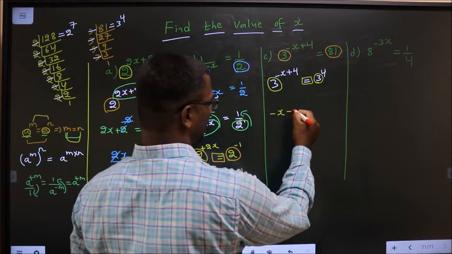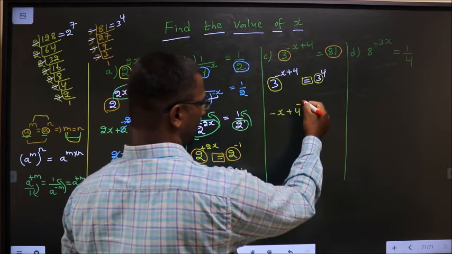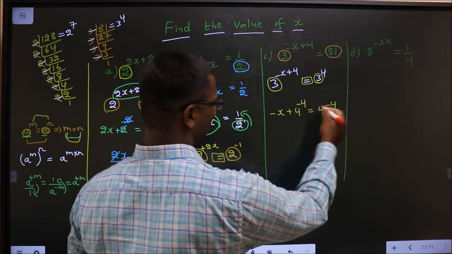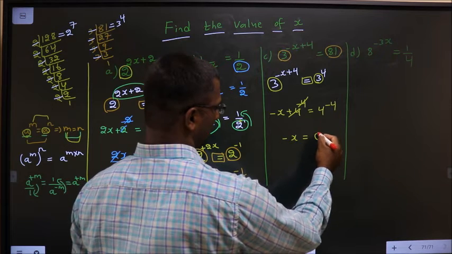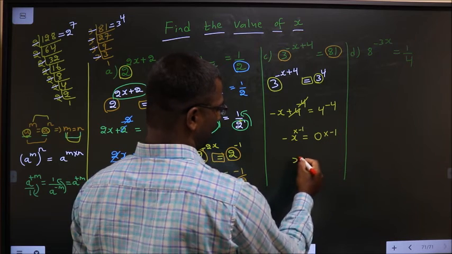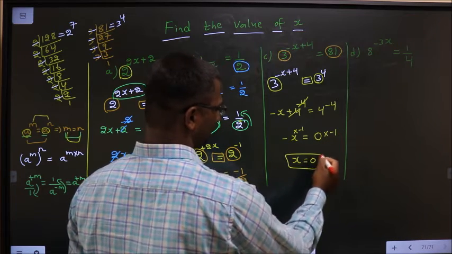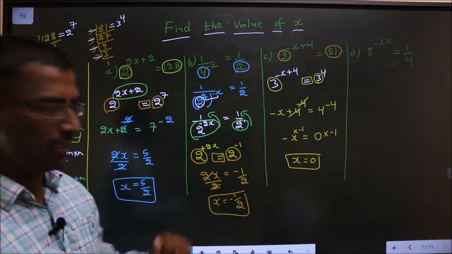So minus x plus 4 equal to 4. Now to get rid of plus 4, subtract 4 on both sides. So I get minus x equal to 0. So multiply by minus 1 to both sides. I get x equal to 0. Clear? Now the next one.